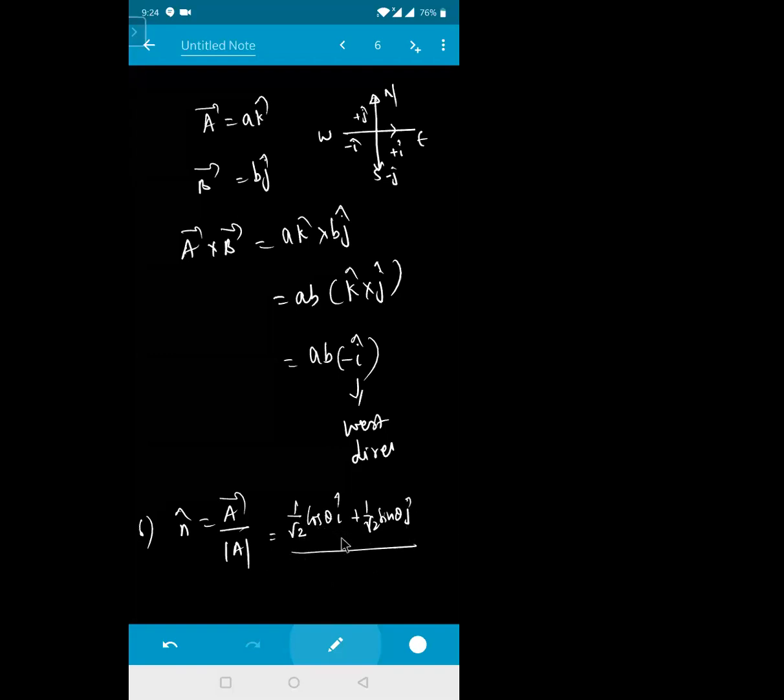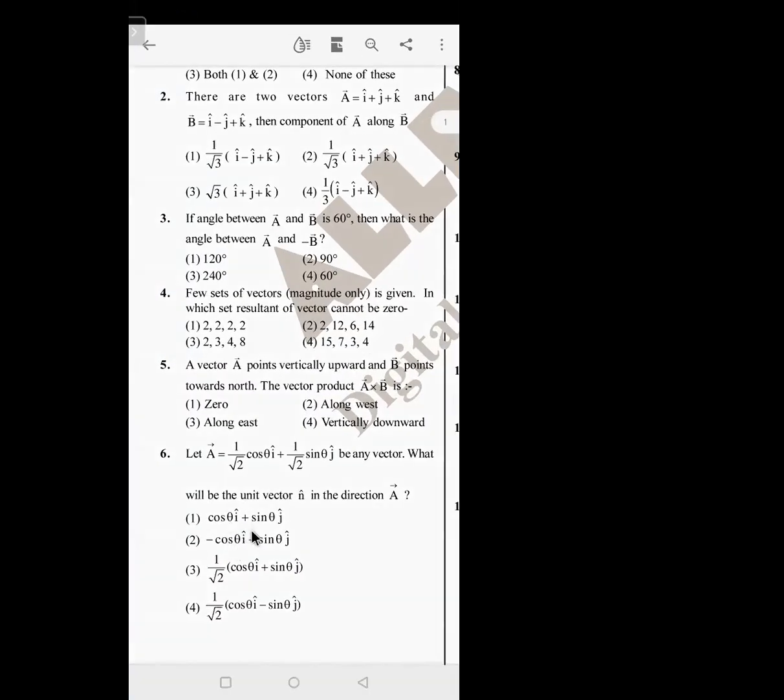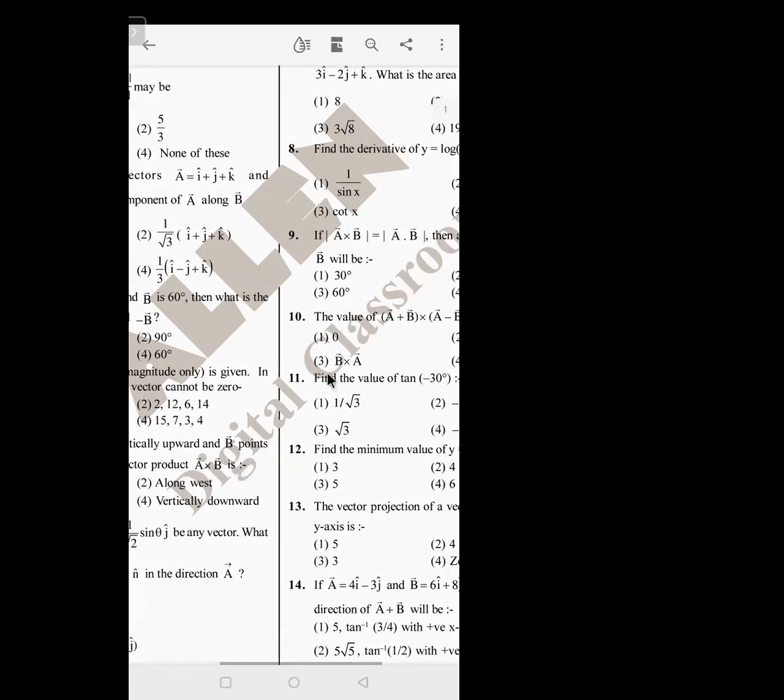So the magnitude becomes cos square theta plus sin square theta, which will get cancelled. So it will be equal to cos theta I cap plus sin theta j cap. Which option is matching right now? Cos theta I cap plus sin theta j cap. Is it clear for everyone? Sir, the option will be the answer for me. That's it.